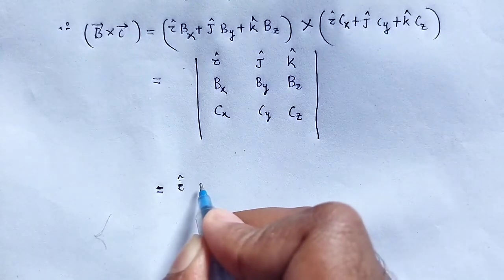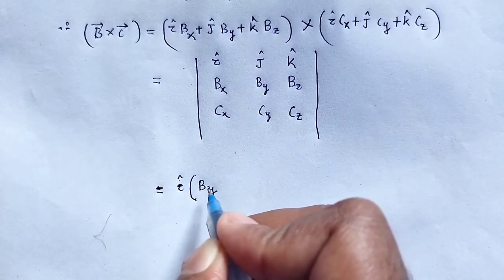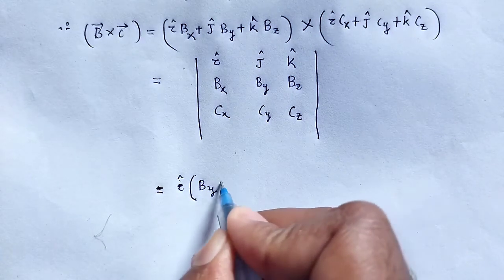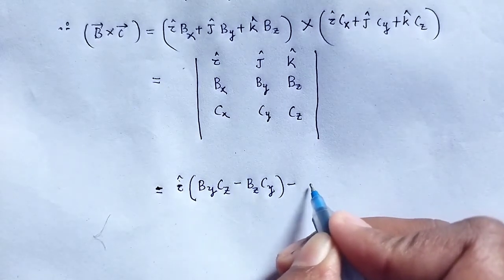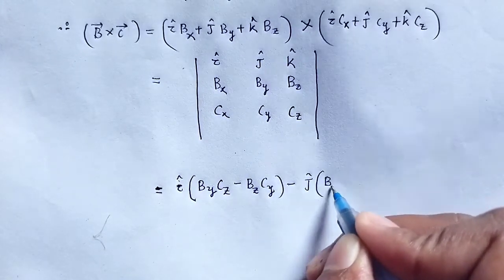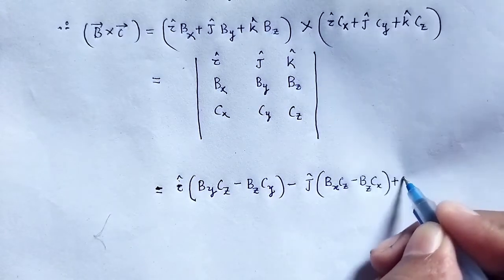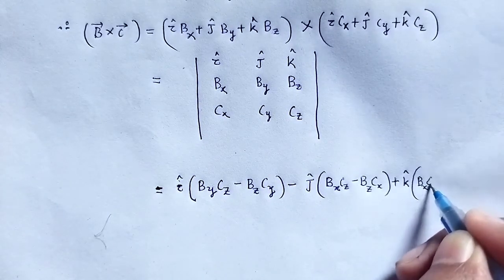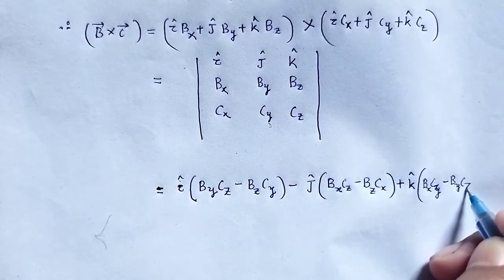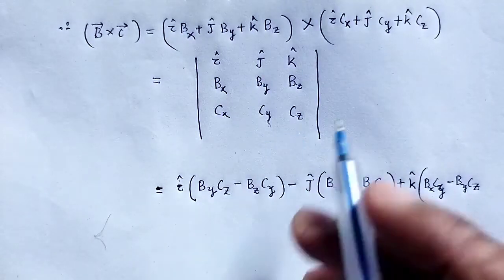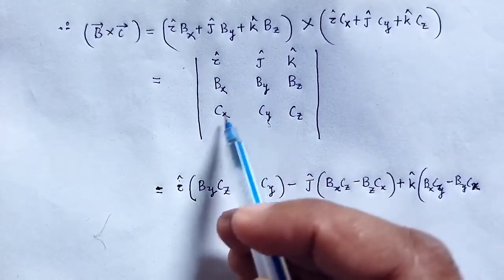That is i cap of (By Cz minus Bz Cy), minus j cap of (Bx Cz minus Bz Cx), plus k cap of (Bx Cy minus By Cx).